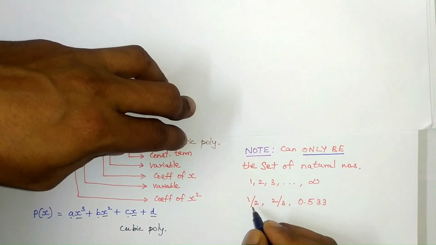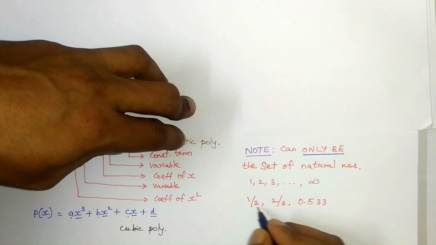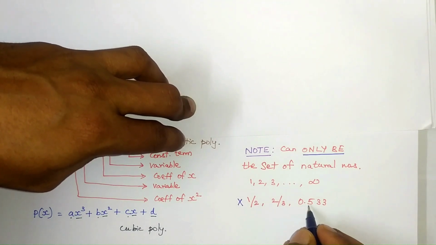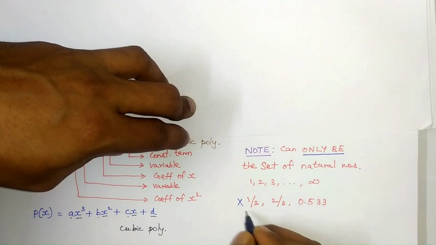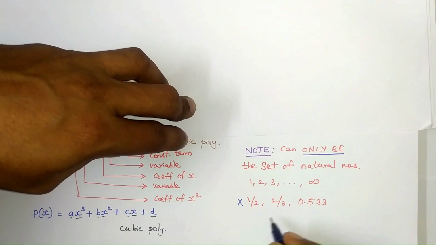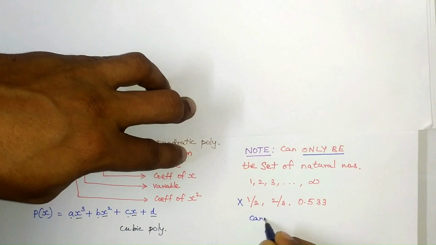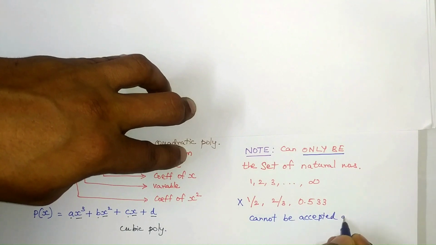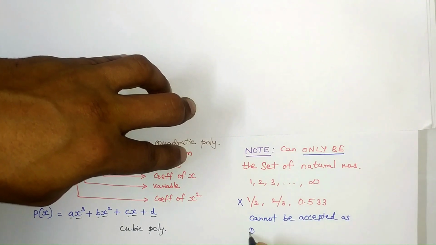But 1 by 2, 2 by 3, 0.533 cannot be accepted as the degree of a polynomial.